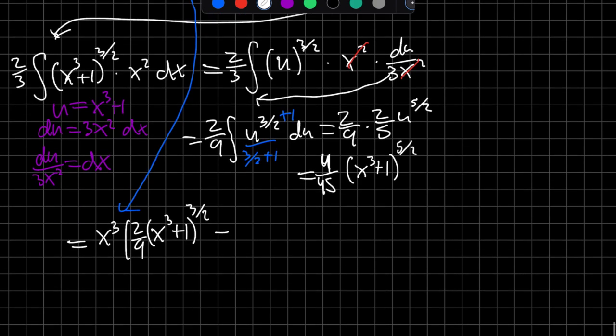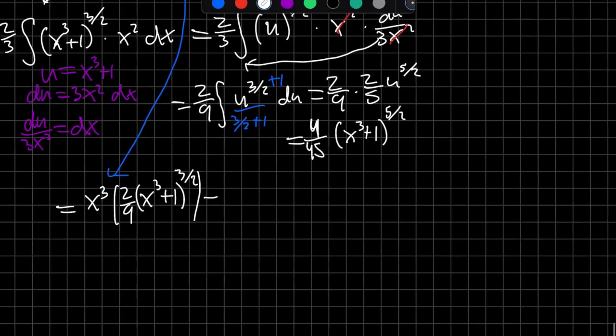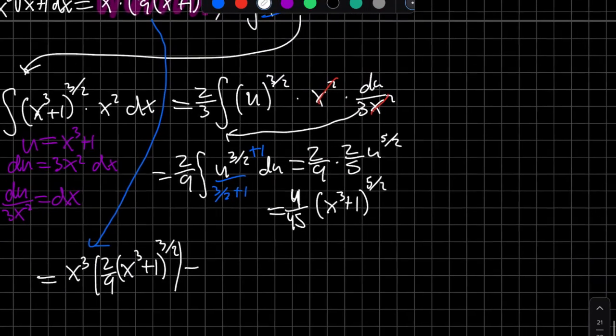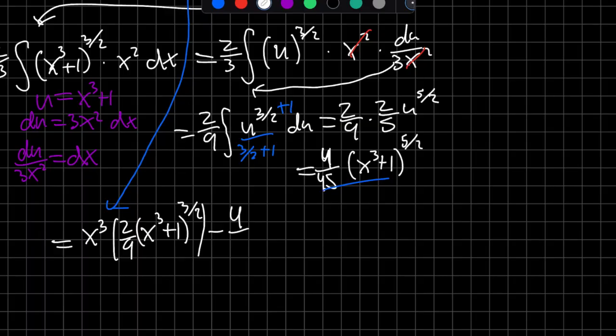And we have minus, sorry, let's close this parenthesis right there. We have minus everything that we just got from here. So after what we got from doing integration by parts, we got this whole part right here. So we have minus 4/45 times x cubed plus 1 to the 5/2 power plus c.